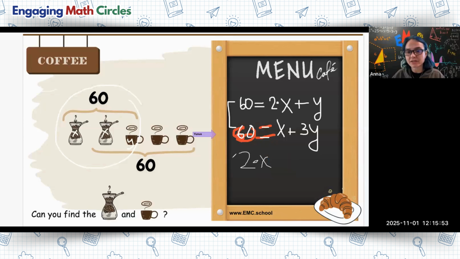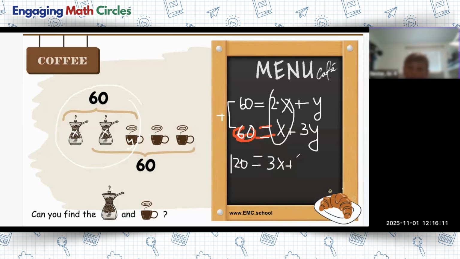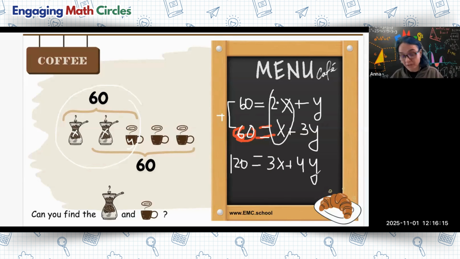If you add 2 60s on this side, I will have 120, and then how many x's will I have? 3 x's, and then also how many y's? 4 y's. It just creates another equation with 2 variables.